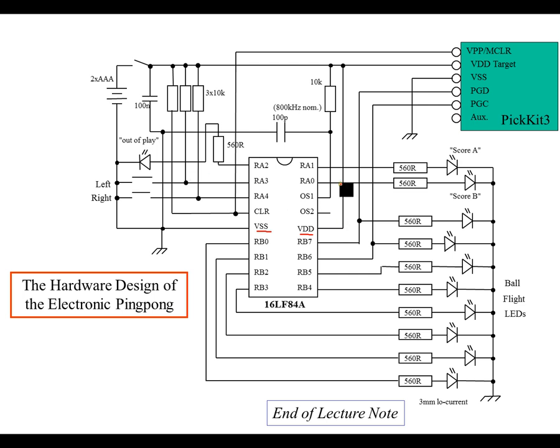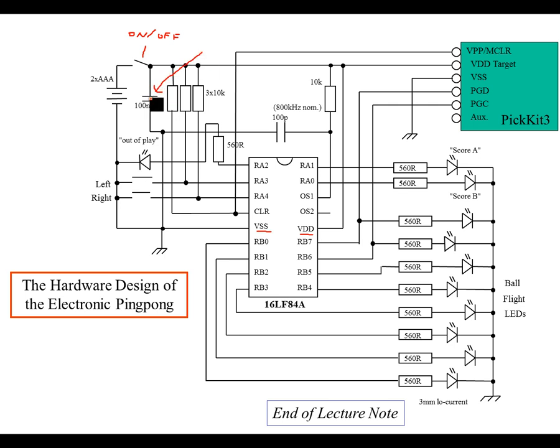So we're going to power this directly from the battery, but we're going to have a switch. This would be your on-off switch. Now you're going to need to have a decoupling capacitor. This capacitor would act as your decoupling capacitor.